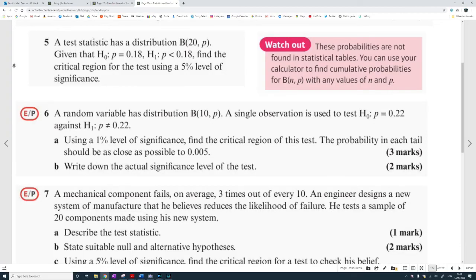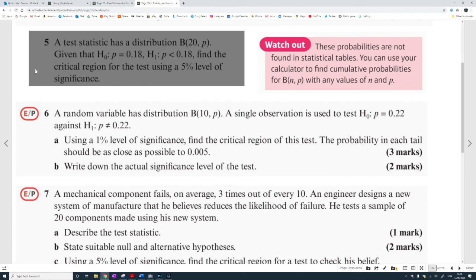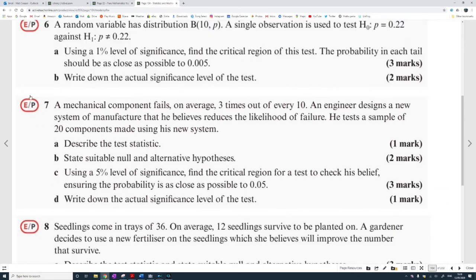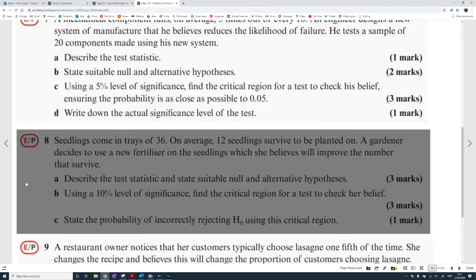Okay, just 2 questions to try from the textbook, page 104, exercise 7b. Question 5, and then that's a straightforward non-contextual one, and then question 8. Now, why am I only giving you 2 questions from a big exercise? Well, there's one more thing we need to cover, and that's tomorrow.